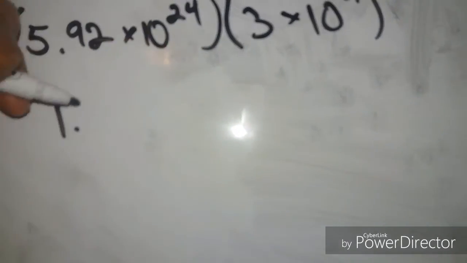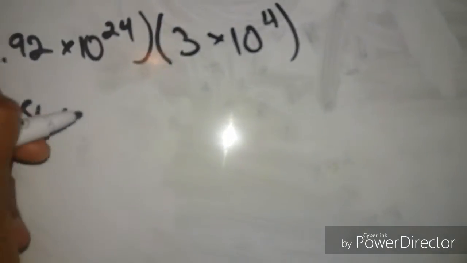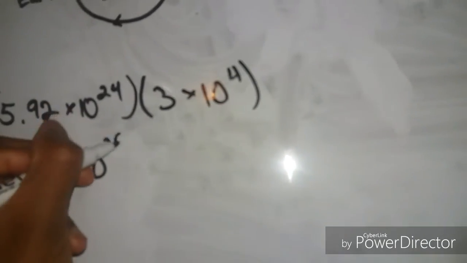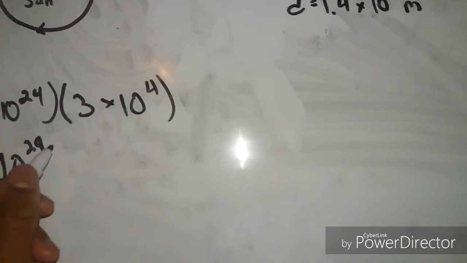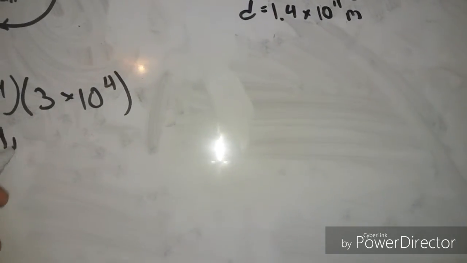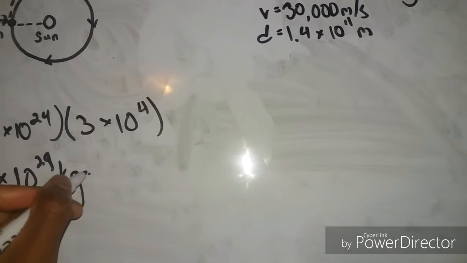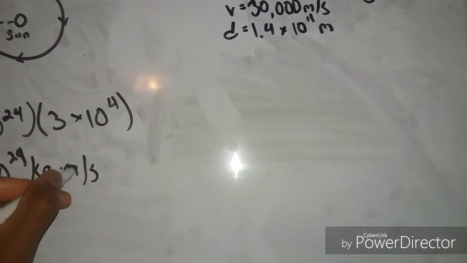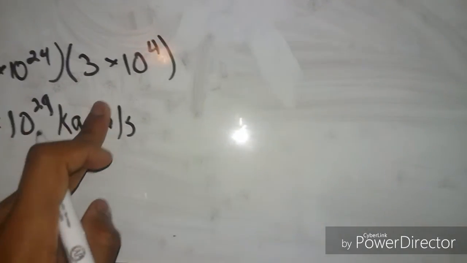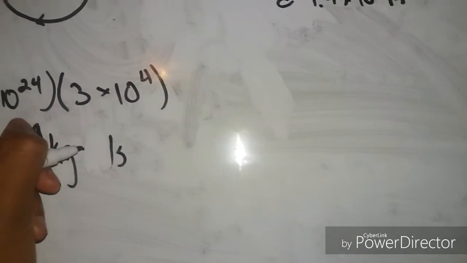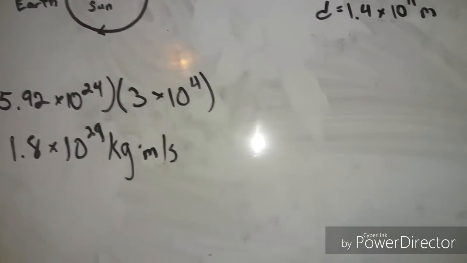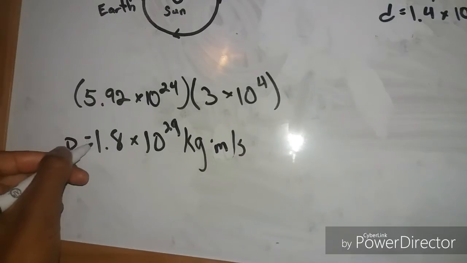So it's going to be about 1.8 times 10 to the 29th kilograms times meters per second. And that's its P there.